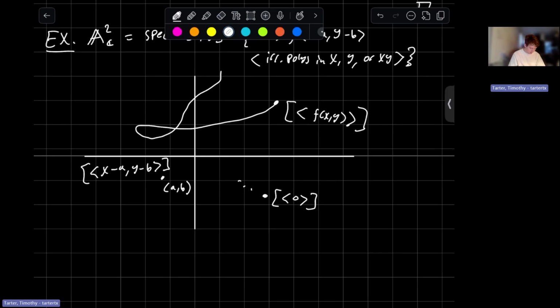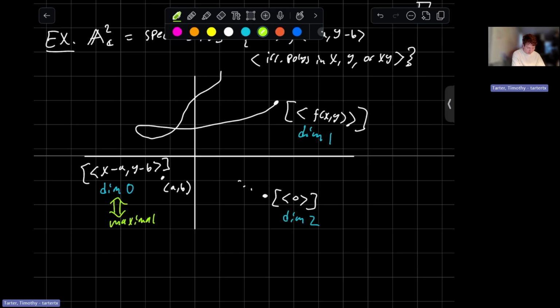Prime ideals are of dimension 0, so dim 0. Ideals of polynomials are dim 1, and then 0 is dimension 2. Note that maximal ideals correspond to the smallest points, right? So maximal ideals means smallest.